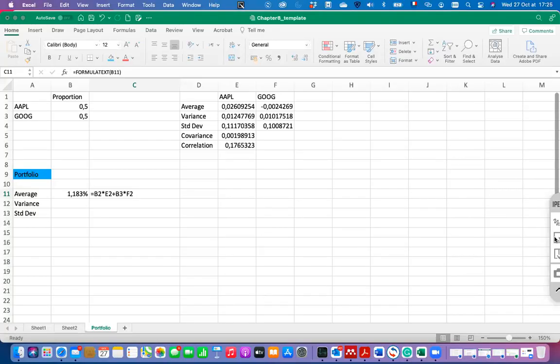Now, a little bit more complicated, the variance. So the variance is equal to the proportion invested in Apple power 2 times the variance of Apple, plus the proportion invested in Google power 2 times the variance of Google, plus 2 times proportion invested in Apple times proportion invested in Google times the covariance between Google and Apple.